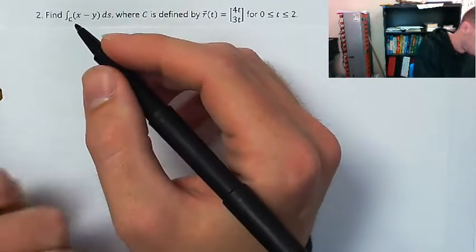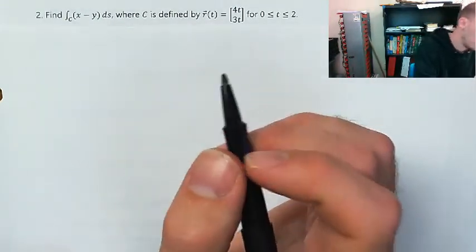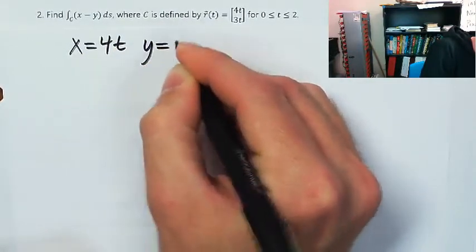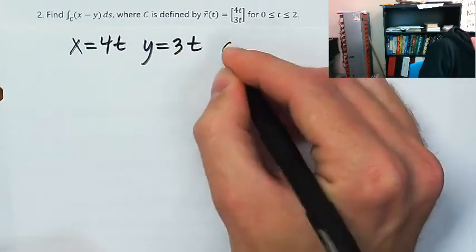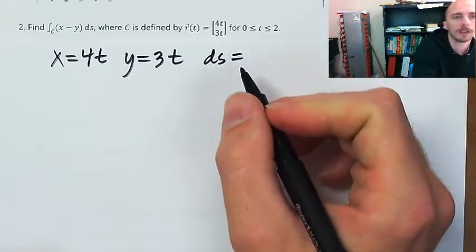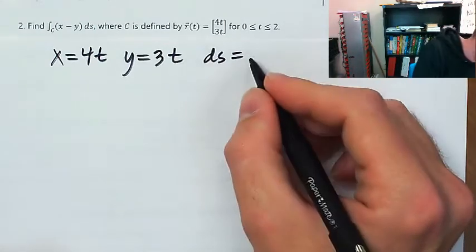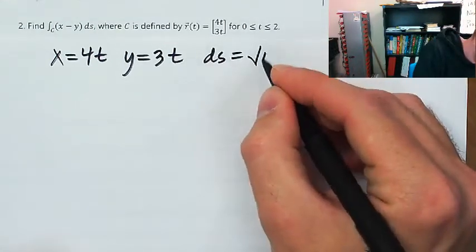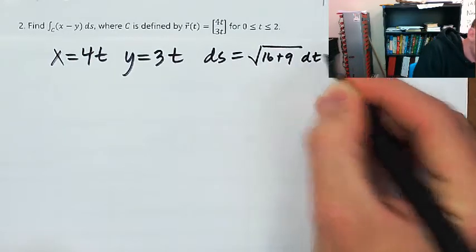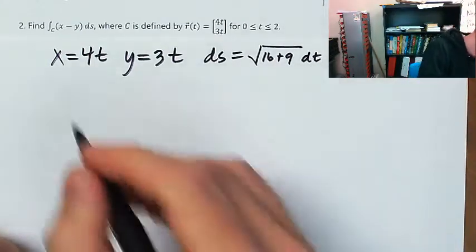So I'm going to say that this is, okay, we've got that. We just need that ds piece, and that ds is the square root of x prime squared plus y prime squared dt. So that's going to be the square root of 4 squared plus 3 squared dt. Okay, so that's going to be just 5 dt.